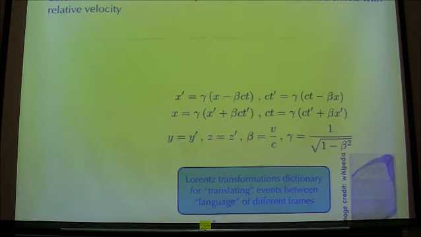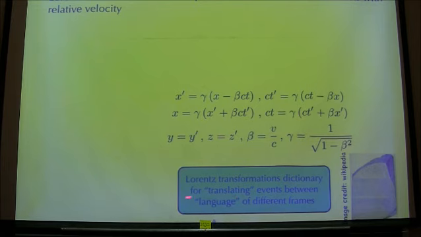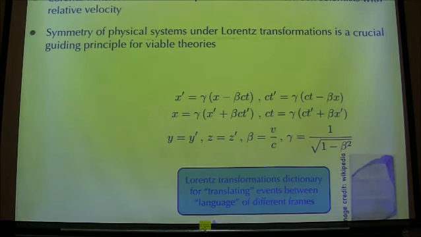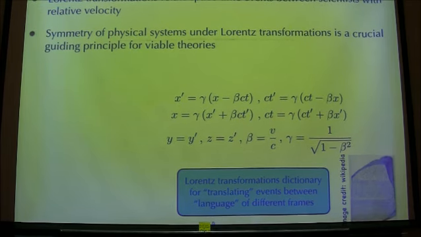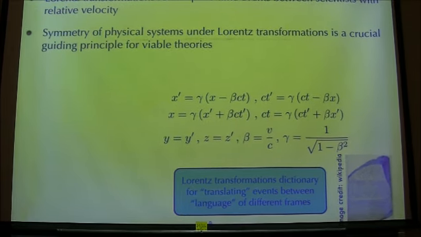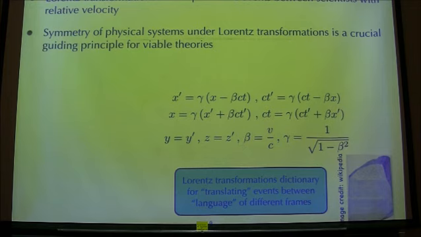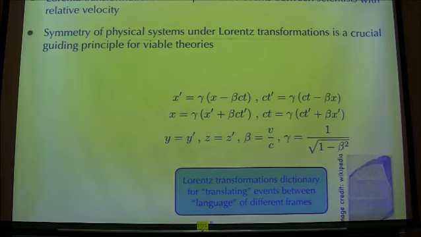I describe these to my students as a dictionary that you use to translate events between the language of different reference frames, much like the Rosetta Stone. And this symmetry of physical systems under Lorentz transformations is really the basic principle we use to construct relativistic theories. So if we want to create a relativistic theory of fundamental particles, we start with Lorentz transformations as the guiding principle. So all our viable theories have this Lorentz symmetry as their foundation.